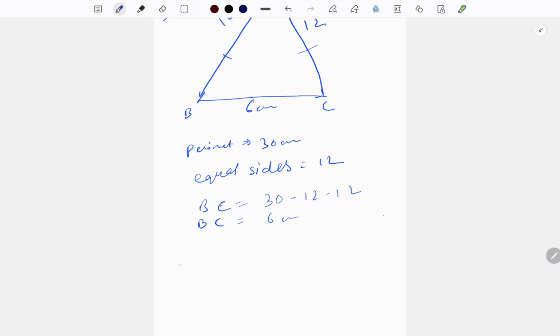Very simple. Area is equal to under root S will be what? Perimeter half, 30 by 2 is 15. So 15 minus 12 is 3, 15 minus 12 is 3, and 15 minus 6 is 9.